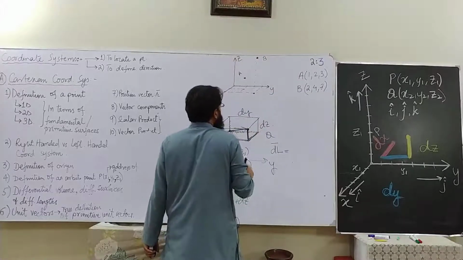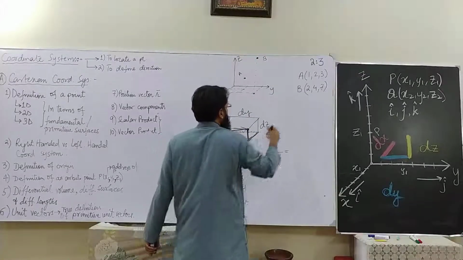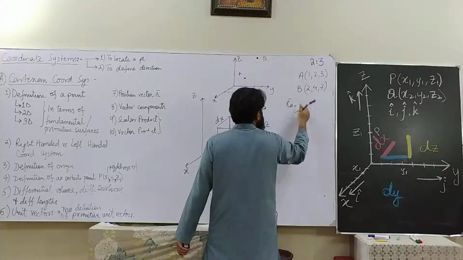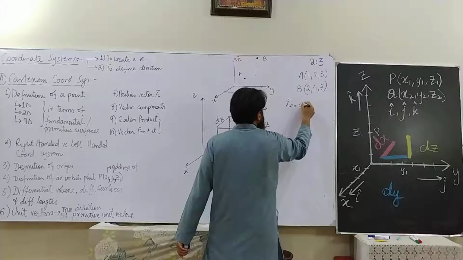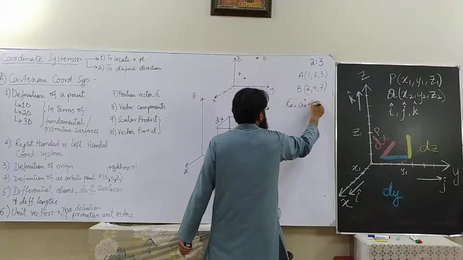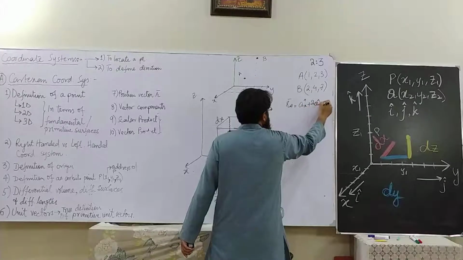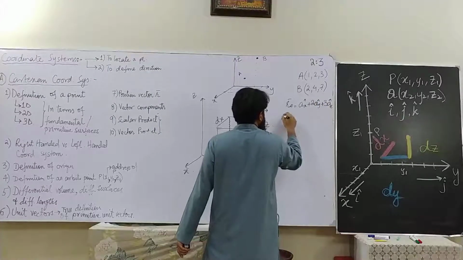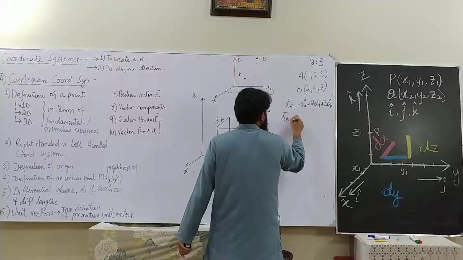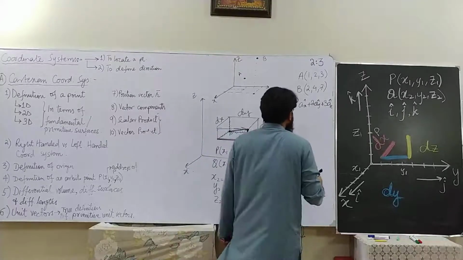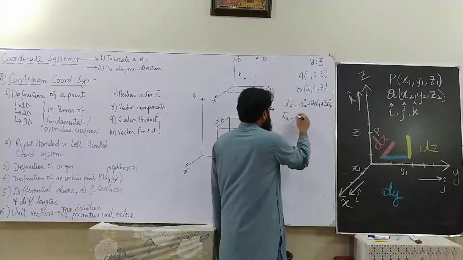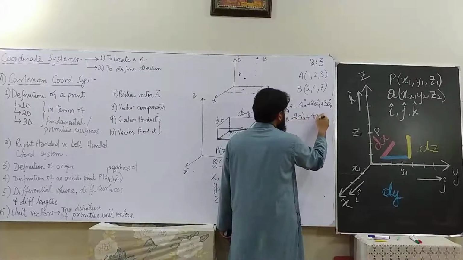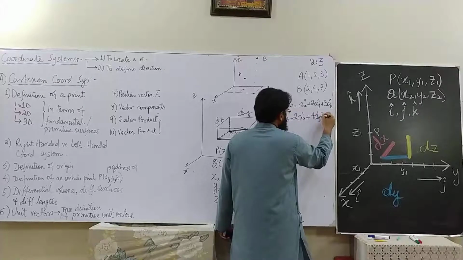So we know that the vector locating point A is RA, and we can write it as 1 multiplied by AX plus 2 multiplied by AY plus 3 multiplied by AZ. Similarly RB, locating point B, is 2AX plus 4AY plus 7AZ.